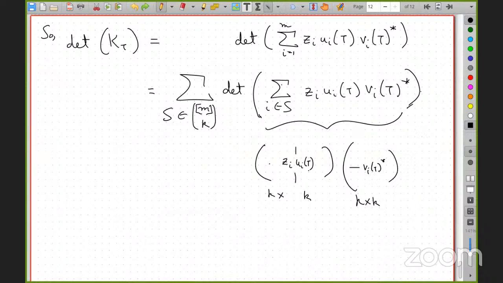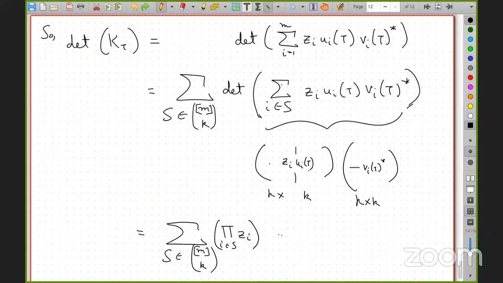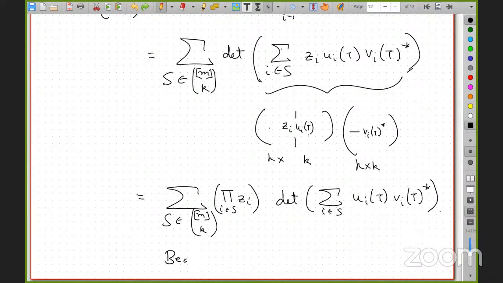So if I'm looking at a determinant of such a matrix, what is that? I can also write this as the product of zi times the determinant of the matrix without the zi's. And this is because S is of size k and T is also of size k.